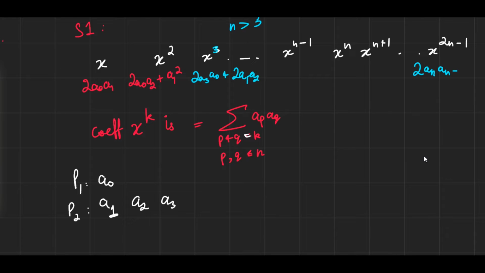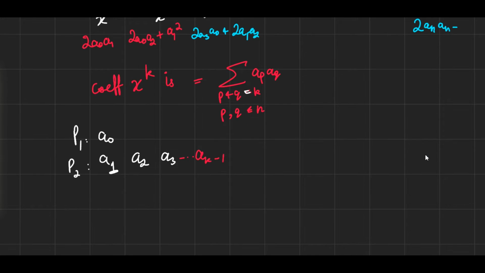If I do it for x to the 4, I see I'd have to have a4 here. Why? Well, I'm going to do it inductively. So I know that a0 is of one parity, and a1, a2, all the way up to, let's say, a_(k-1) are the same parity. What can I say now about the parity of a_k? Well, the first time a_k comes is in the expansion of x to the k.